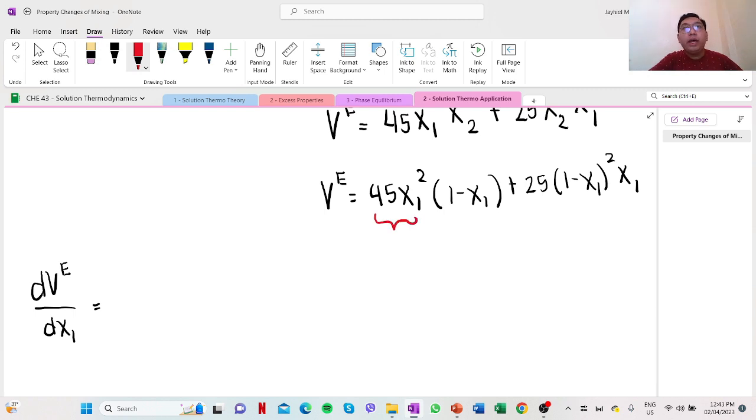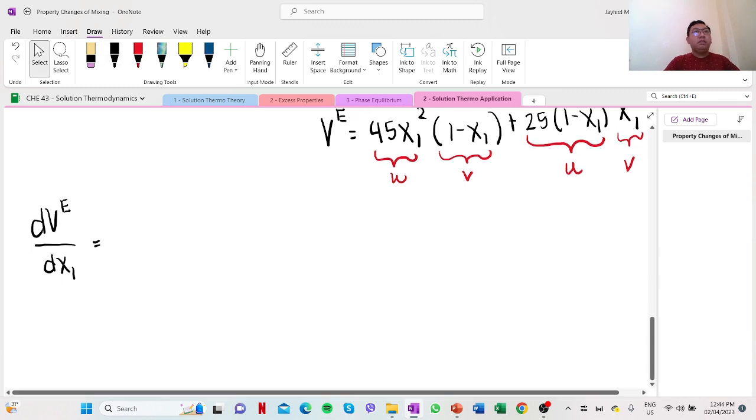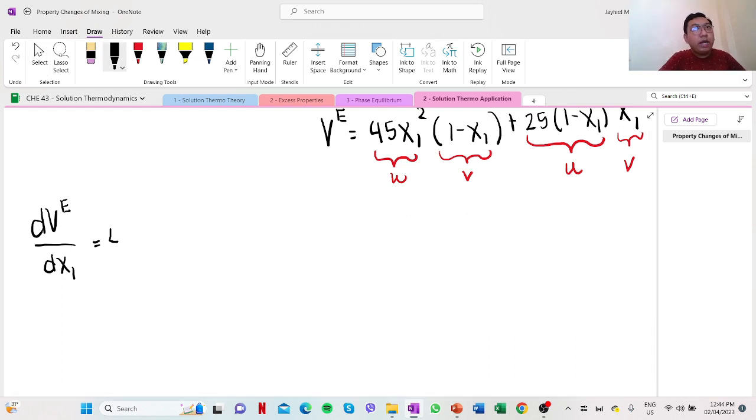This will be my u and v, and this will be my u and v. If you can recall your product rule in calculus, it will be u dv plus v du. I will make this one fast since this is just basic calculus. Again, apologies for my occasional coughing. So this will be 0 minus 1.